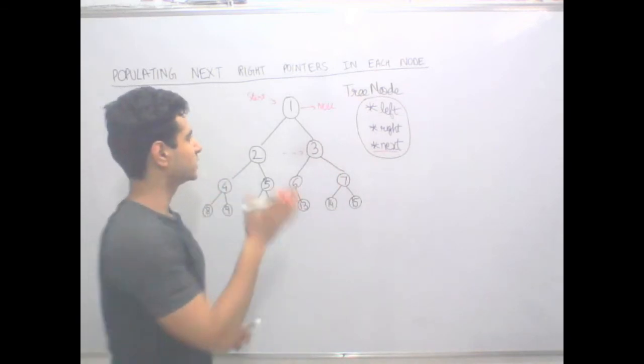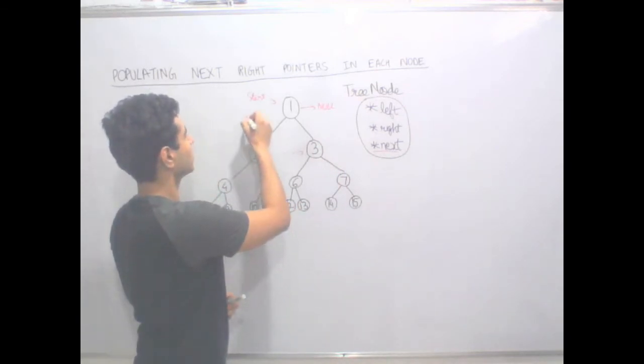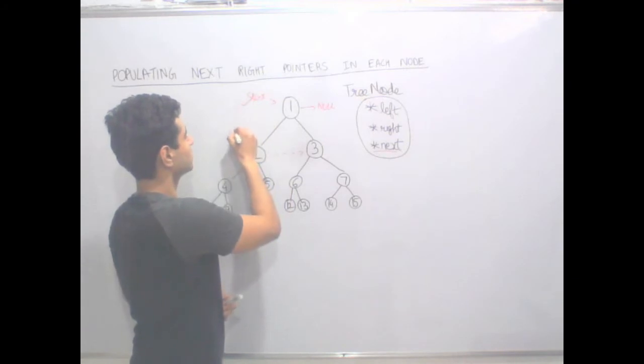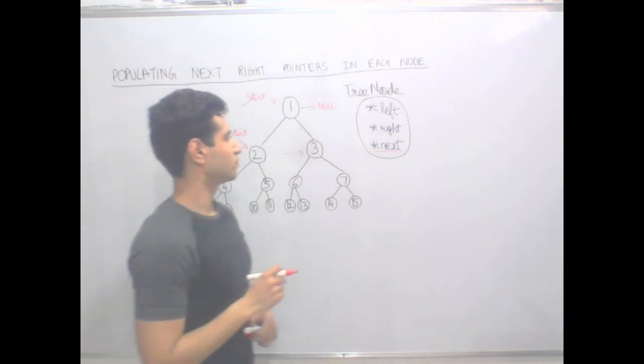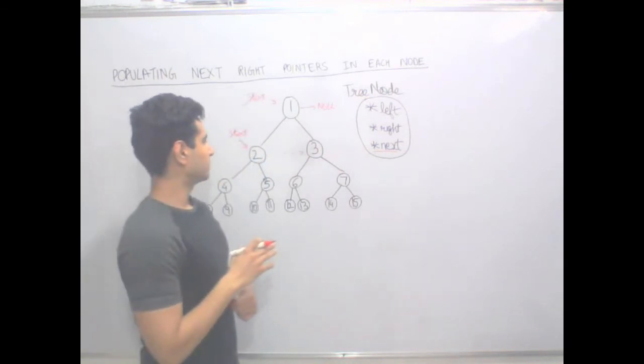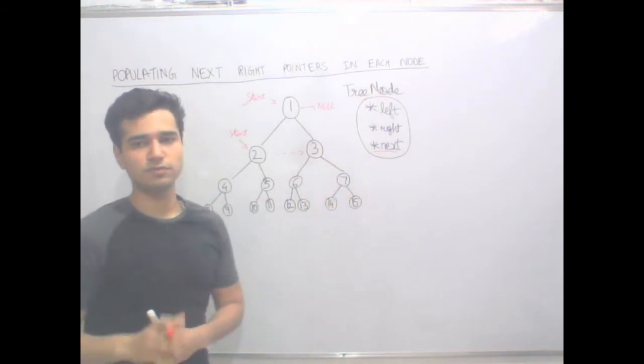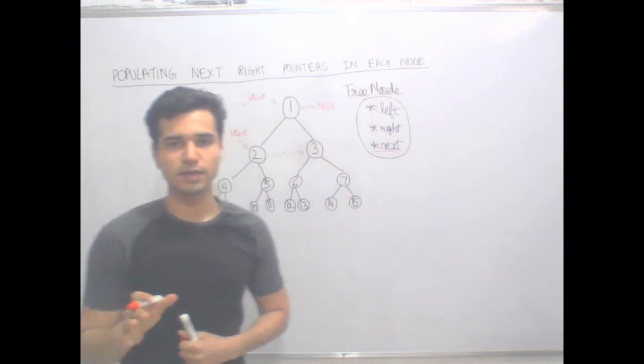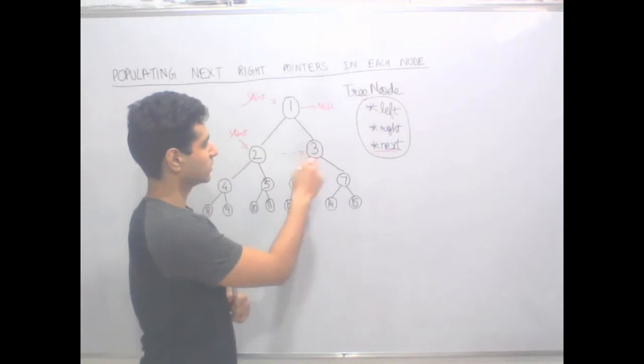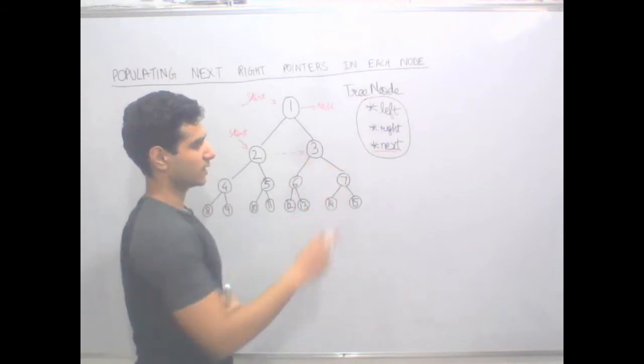Next we will go to its left, right? So now start, this is done. Now start is at node 2. Now we will do level order traversal through this, right? We will keep on going to its right pointer.